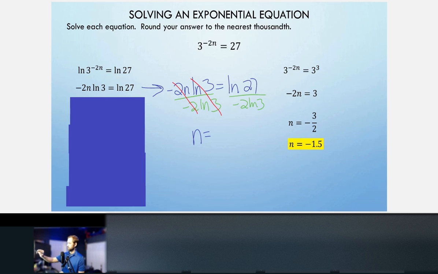And then we want to type in, so on your calculator, type in natural log 27 divided by -2 natural log 3. And then what do you get? We obviously know the answer is going to be -1.5, but all of you that are in class or watching the recording, you need to type it in to make sure you know how to type it in. Typing it in is the hardest part of today.